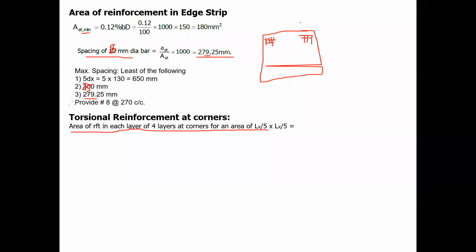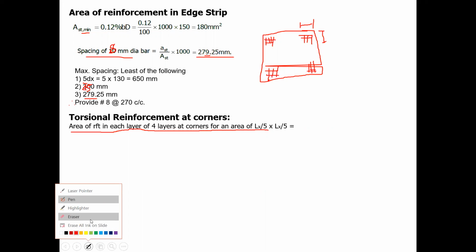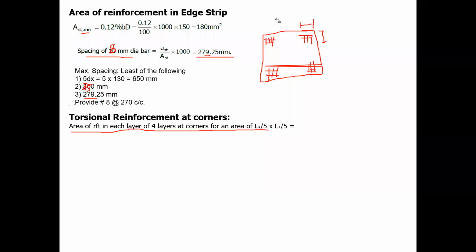The distance is Lx by 5, and even here also it is Lx by 5. We're going to provide on all the 4 sides like this. Understood? Yes, sir. Okay. Take down: Lx by 5 into Lx by 5.